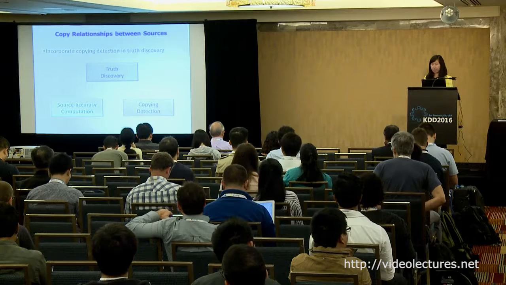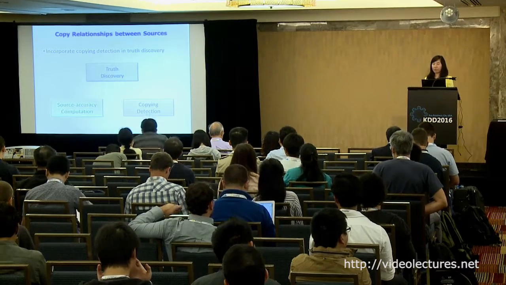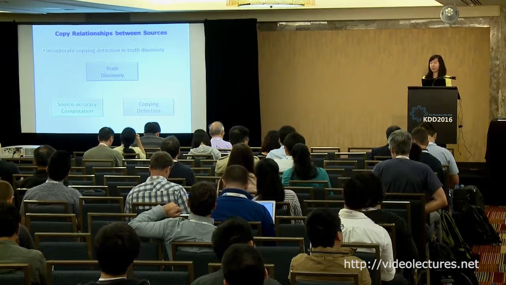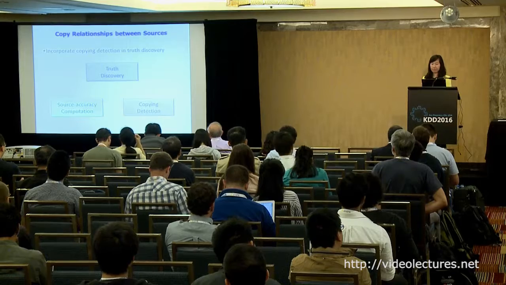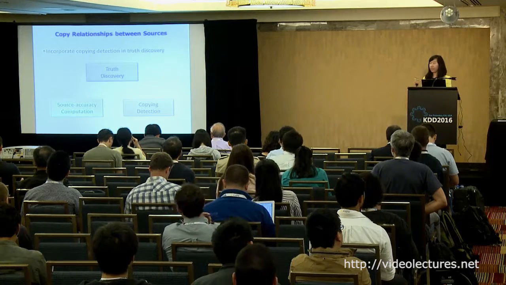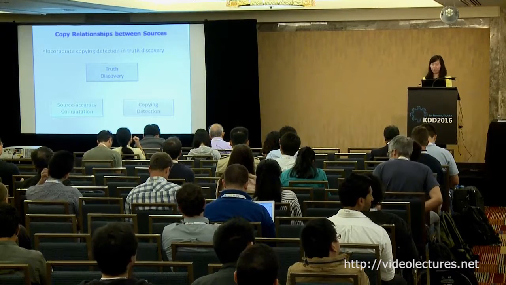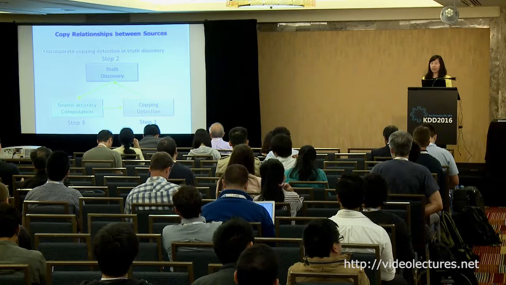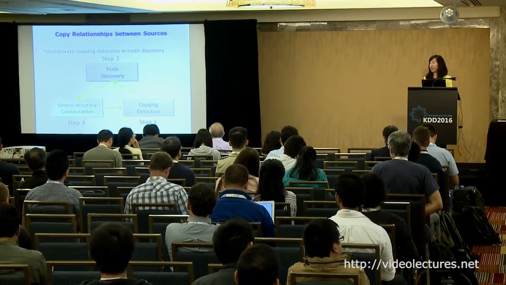And then they incorporate this high-level intuition into the truth discovery process. During truth discovery, we typically use a two-step iterative procedure. We find out the truth, and then we update the source accuracy. In their method, they incorporate a copy detection component. They first do copy detection, then find out the truth, and then derive the source accuracy.